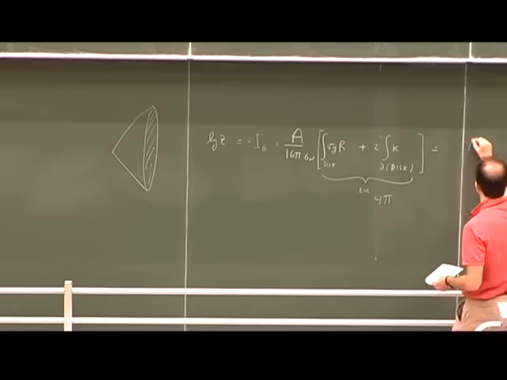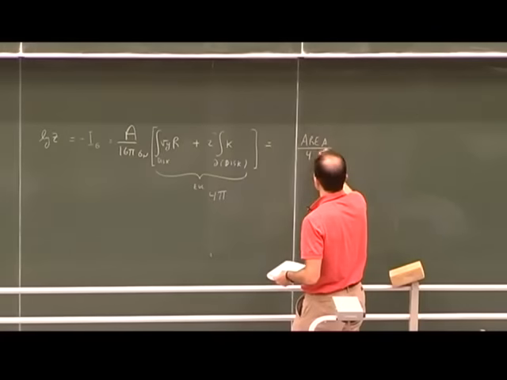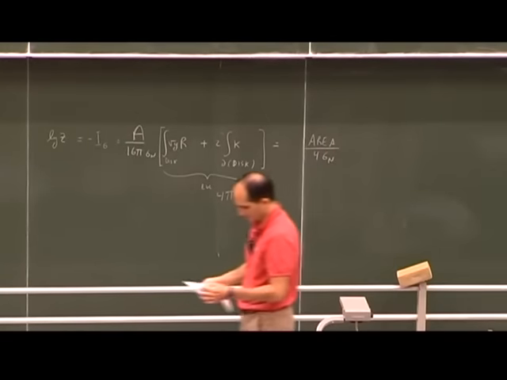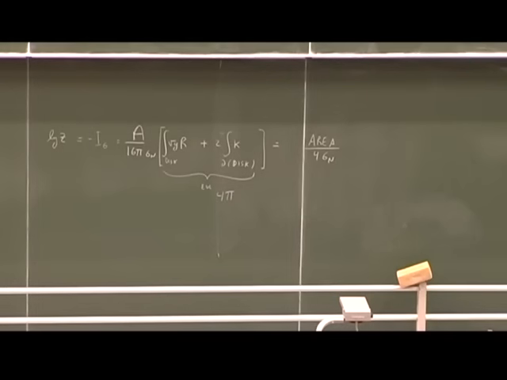And then we get the formula area over 4 G Newton, which is the Bekenstein-Hawking formula for the entropy. This is just the Gibbons-Hawking calculation for black hole entropy, but described very close to the horizon, if you wish, where we abstract the essential feature that gives rise to the area formula.